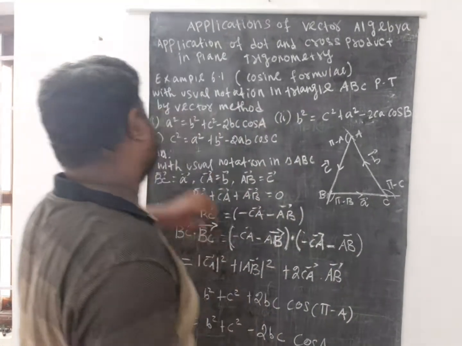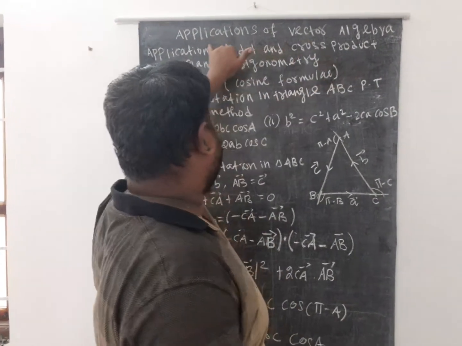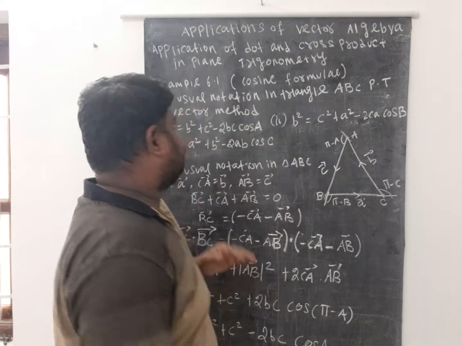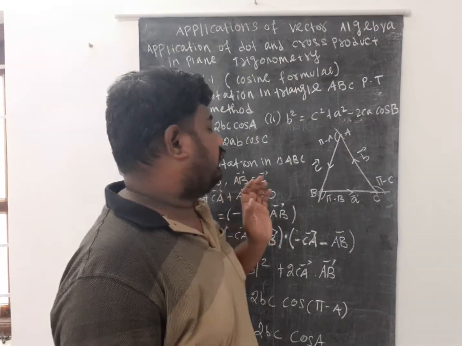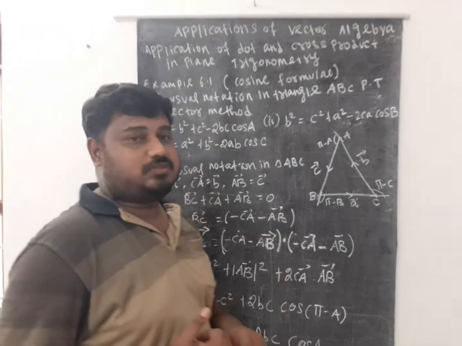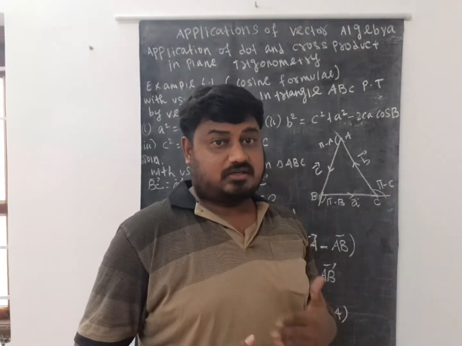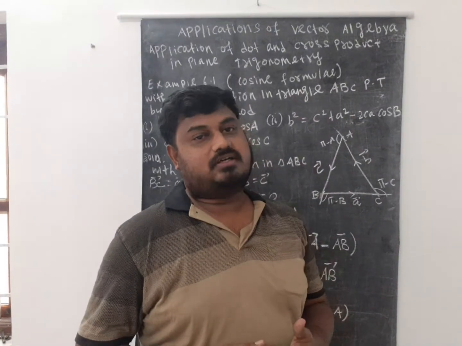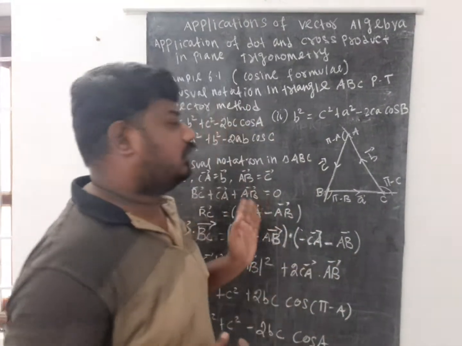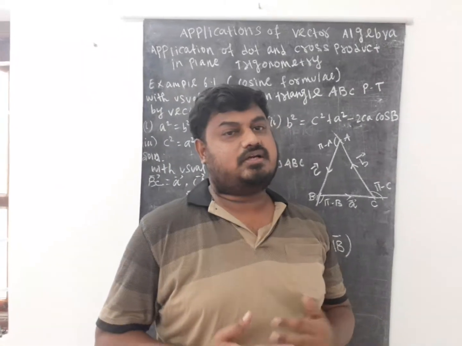So now we come to the 12th standard, application of dot and cross product. We will see the applications in this lesson. Before we enter this lesson, what are the learning objectives of the lesson? Dot product and cross product, application of dot and cross product, then dot and cross product of triple vectors and four vectors, then the trigonometry applications of dot and cross product, then application-oriented physics in dot product and cross product.